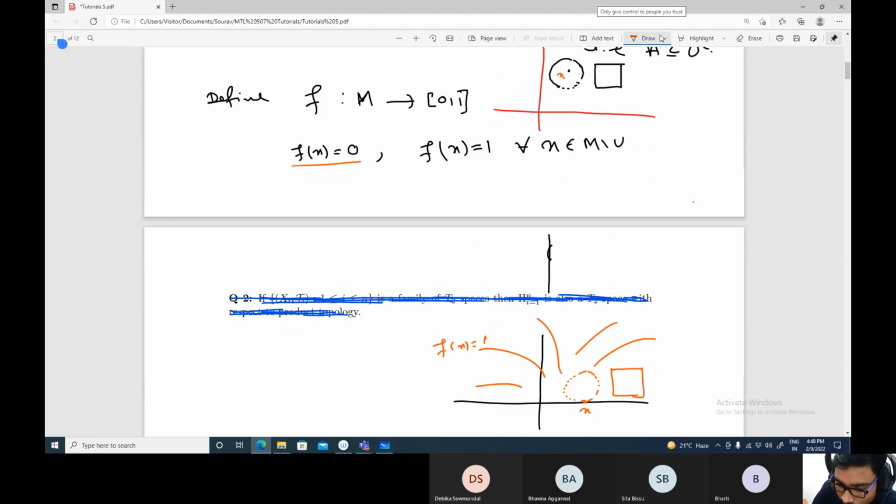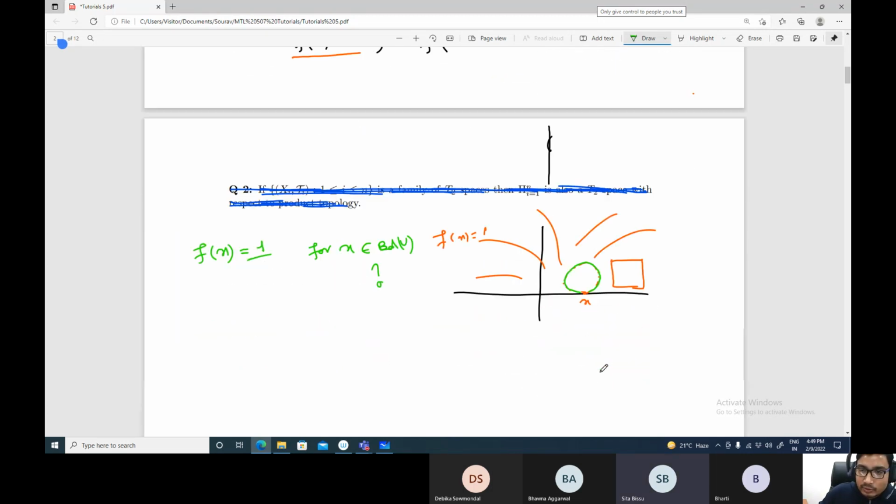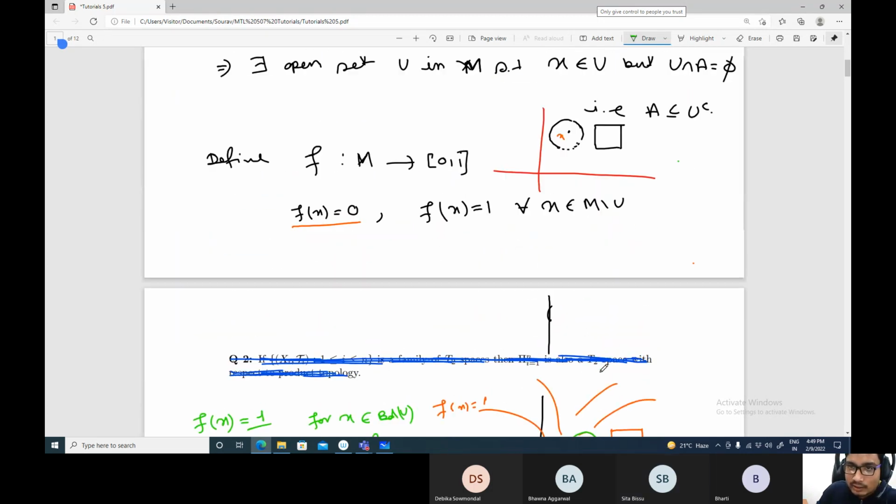If we consider the boundary, for x belongs to boundary of U, what is the value of f on the boundary? According to definition, it should be 1, because U is an open set, right? So f(x) is equal to 1, right?